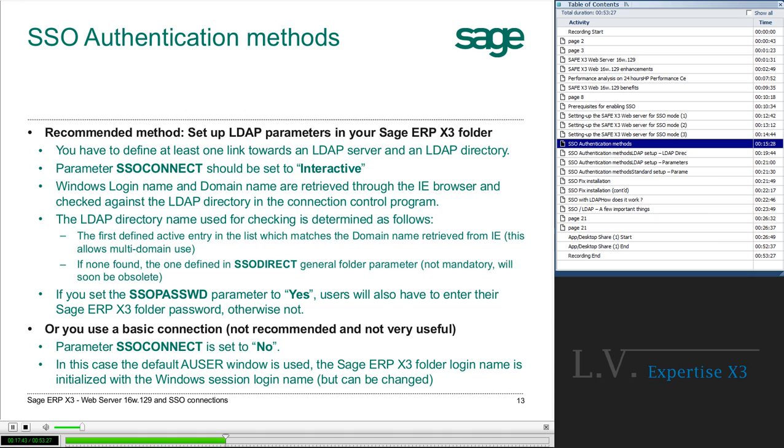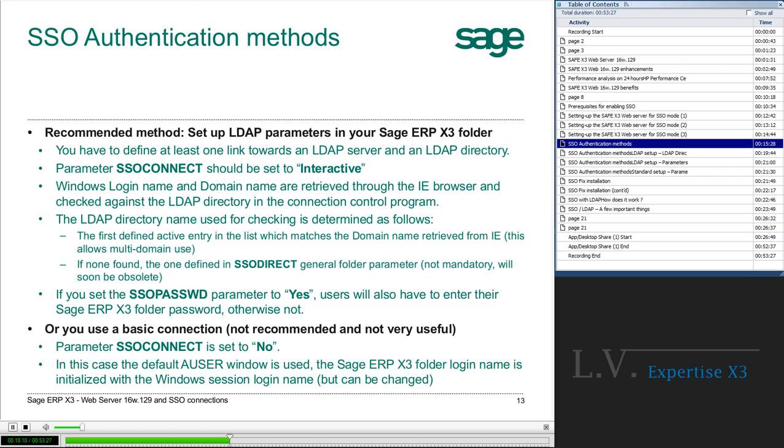You will see that you have different capabilities to define the rules to retrieve your user, capabilities to retrieve information in the LDAP directory, and to update X3 values in the autils table or in the adoval table if you want to update parameters. So this is the first way.